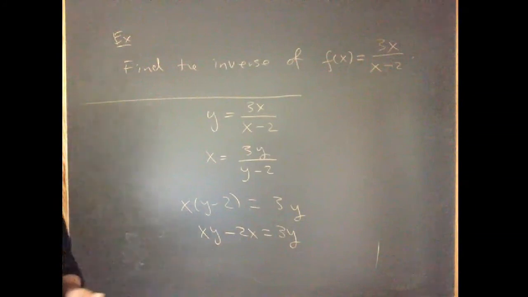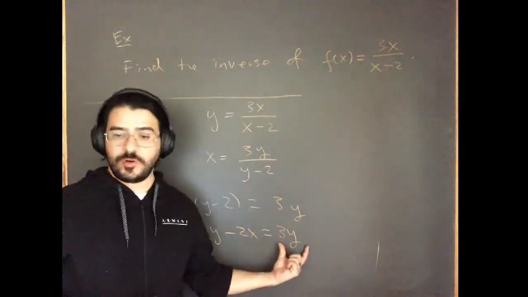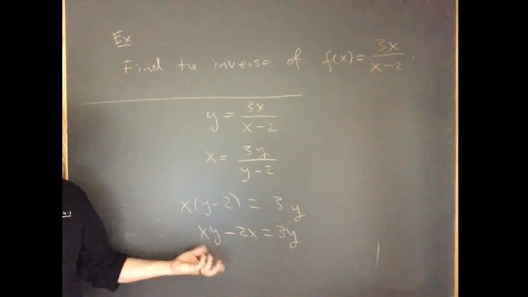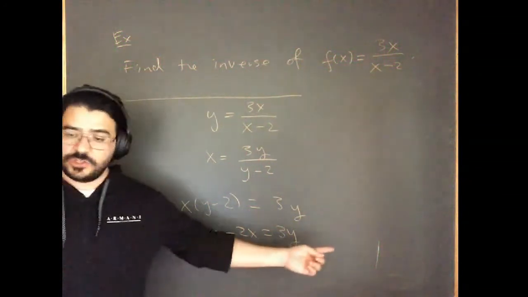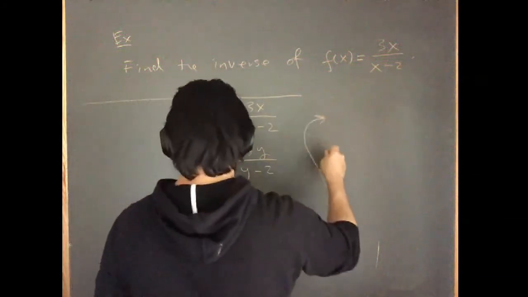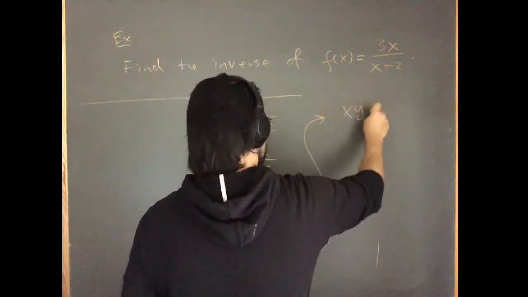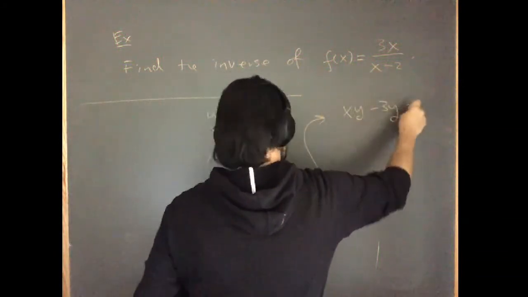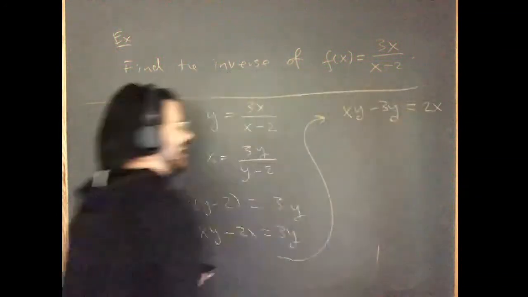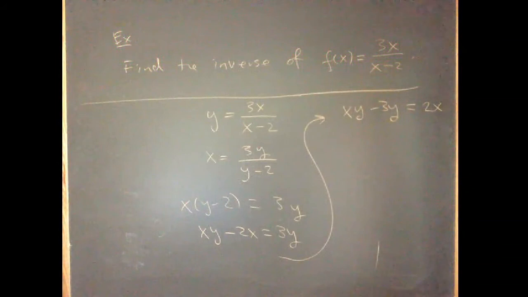We need all of the y's on one side of the equation. So I'll put this 3y on the other side, and I'll move everything without a y to the other side. So that 2x comes over. Here we get xy minus 3y equals 2x. I subtracted the 3y from both sides and added 2x.